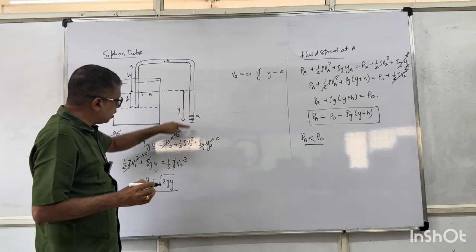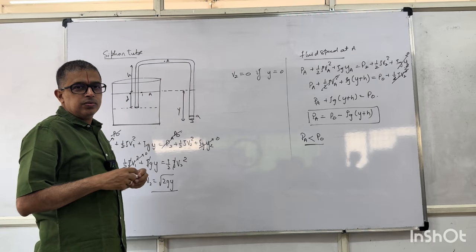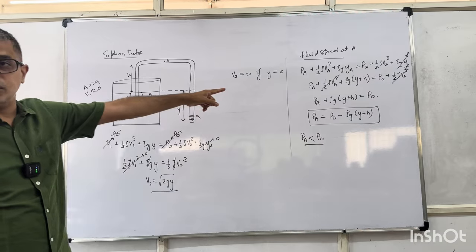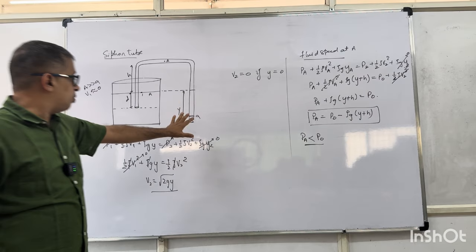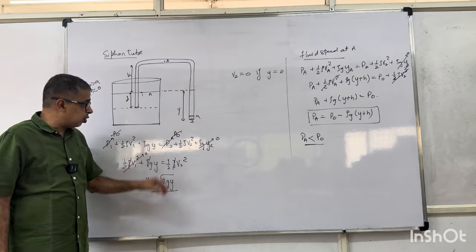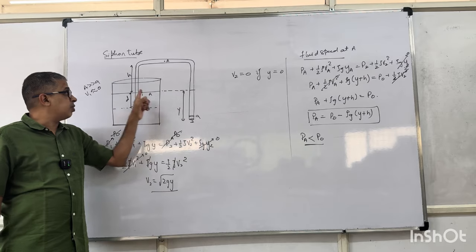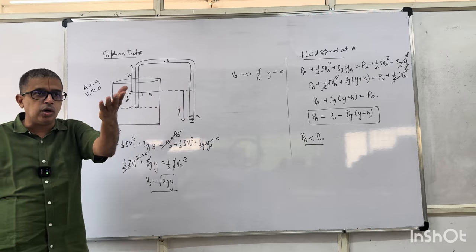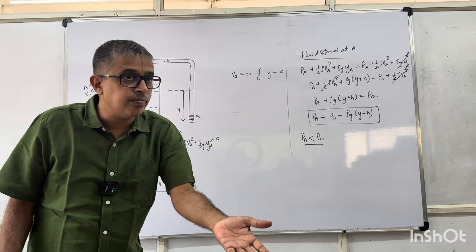Once it comes to here, by default it will go down. That is the justification for why the fluid is rising and flowing. Here I am not interested in the justification, I am only interested in the velocity. But why should the fluid flow? If initially there was no fluid, you cannot apply Bernoulli's equation.